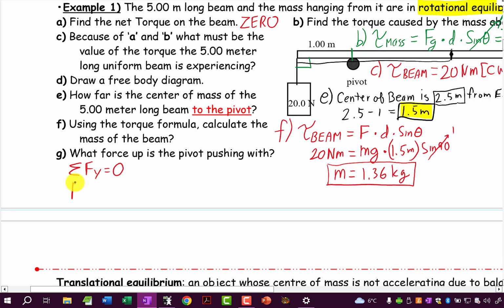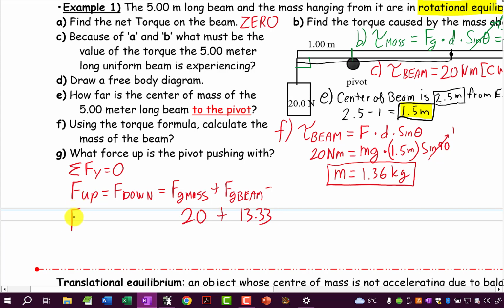That means the forces up equal the forces down, and the forces down are equal to the force of gravity of the mass plus the force of gravity of the beam, and that is 20 plus 13.3, and the force up is the force of the pivot.